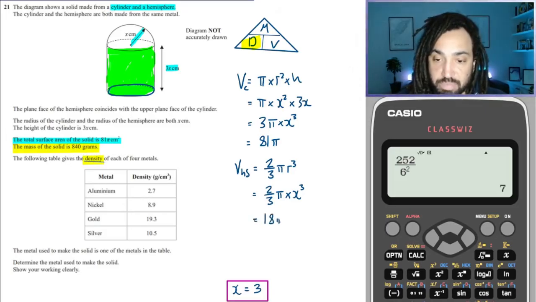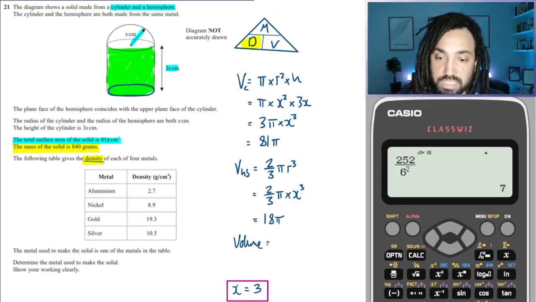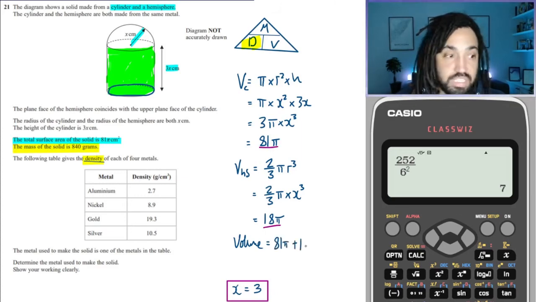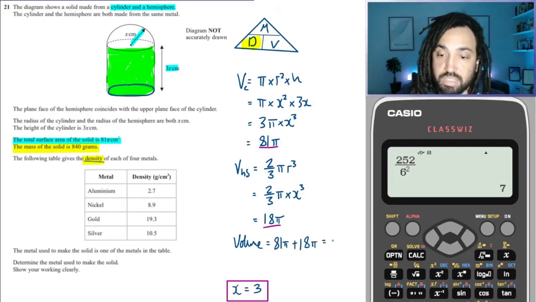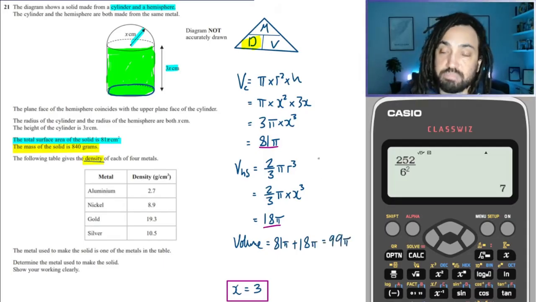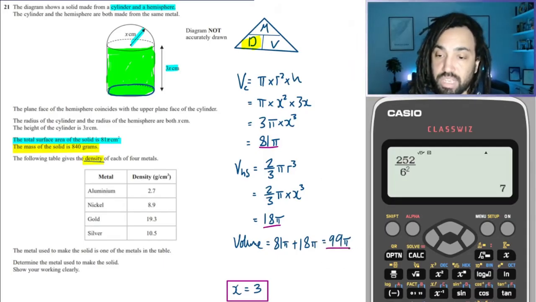So that's 18 pi. So the total volume is equal to, add these two things together, 81 pi plus 18 pi gives us 99 pi. Okay.